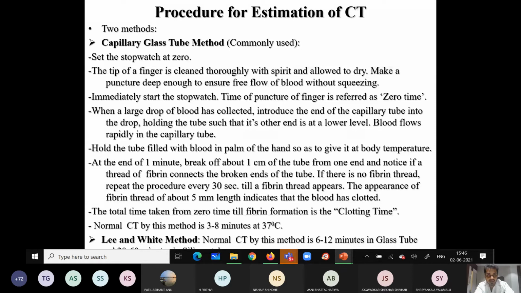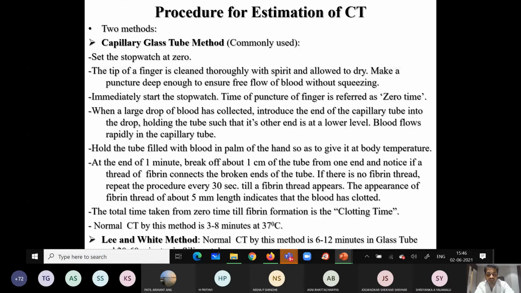Every 30 seconds you are going to break the capillary tube till you see a fibrin thread of minimum 5 millimeter long connecting both ends of the broken capillary tube. The total time taken from 0 time till fibrin formation is the clotting time.